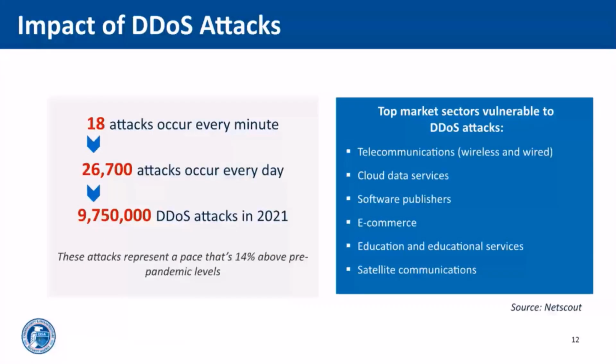So, the impact of distributed denial of service attacks, or DDoS attacks. Distributed denial of service attacks occur when multiple machines are used to attack a single target. This usually requires a botnet. A botnet is a cluster of hijacked internet-connected computers that are meant to carry out large-scale attacks.